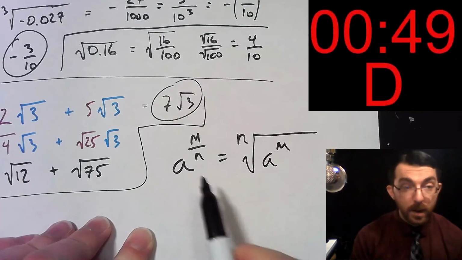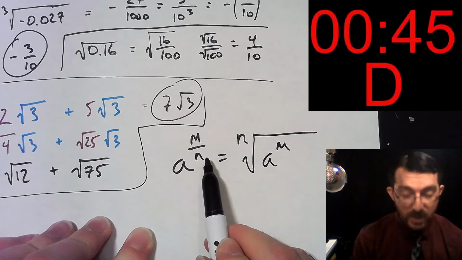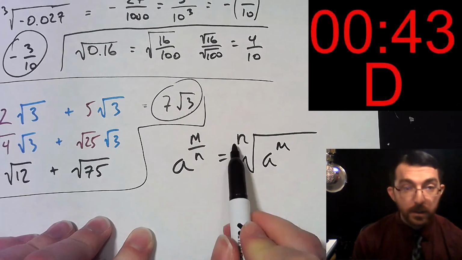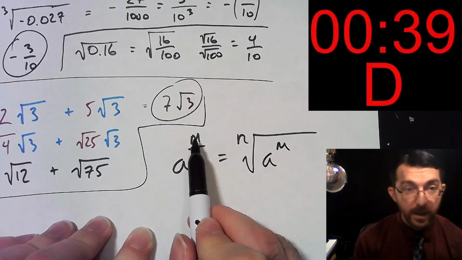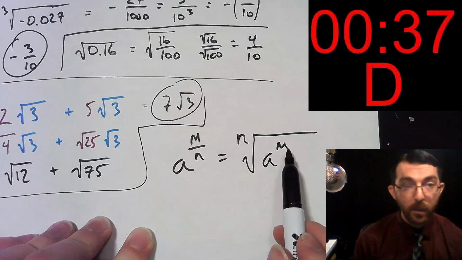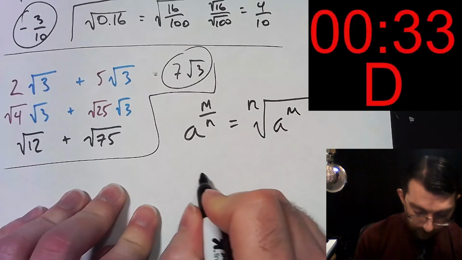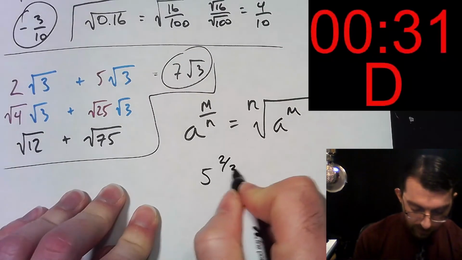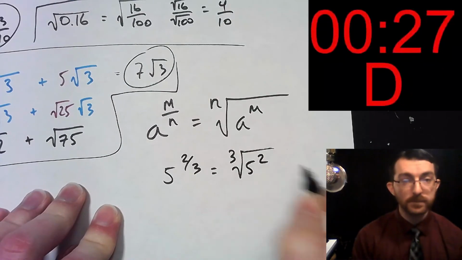That is, the denominator of your exponent is always going to be the degree of the root. The numerator of the exponent is always going to be whatever the power was under the root. Okay? So like 5 to the 2/3 equals the third root of 5 squared.